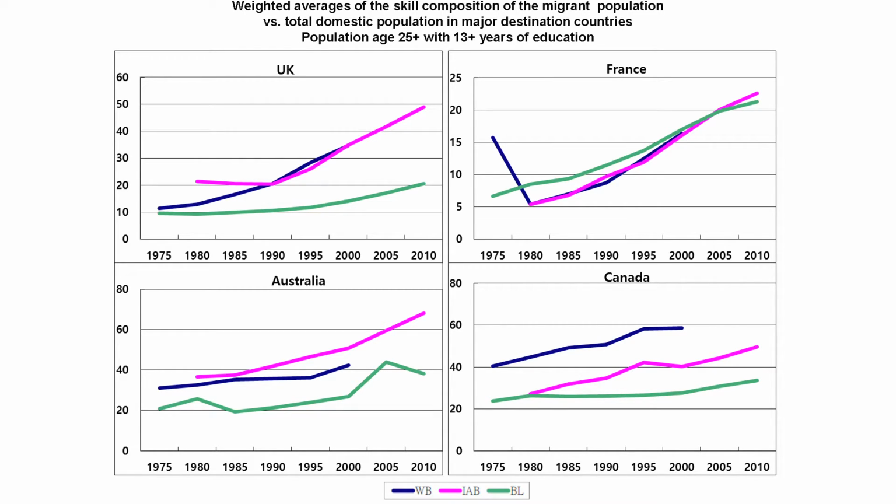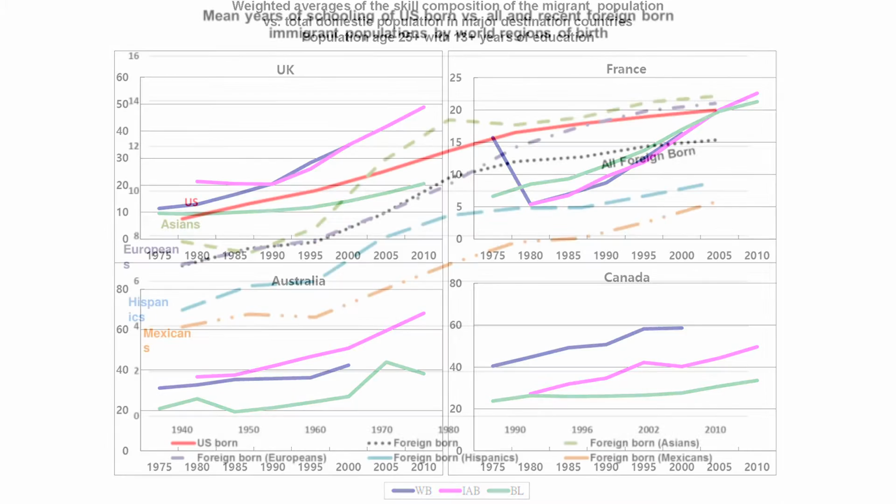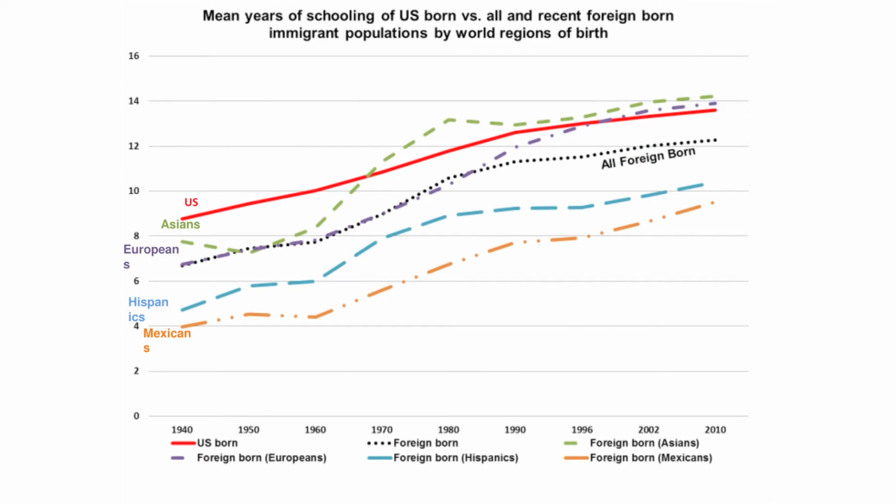This is not precisely going to be the pattern for the United States. So I'm going to show you a different chart for the United States. This comes from a study by Jim Smith, who used census data from the United States.